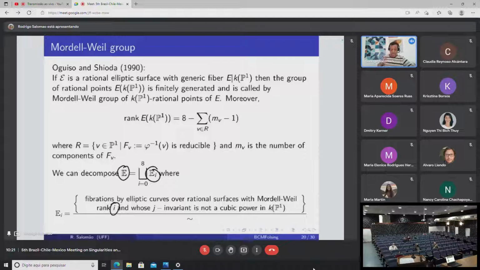Okay, and in this work we will describe the set E_0. That is fibrations with Mordell-Weil rank 0. Okay.